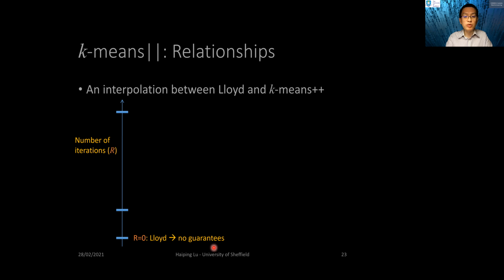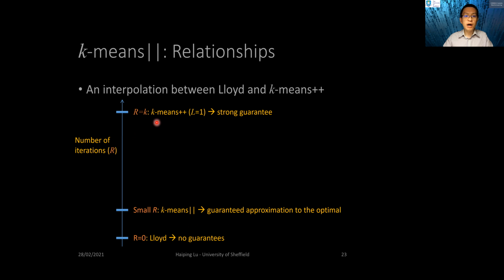If we do not do iteration in k-means parallel, that is, if R equals 0, then we are just doing random initialization, so it is equivalent to Lloyd. And if we do a small number of R, that is the typical usage of k-means parallel, and in the paper it has been shown to be guaranteed to approximate the optimal solution.